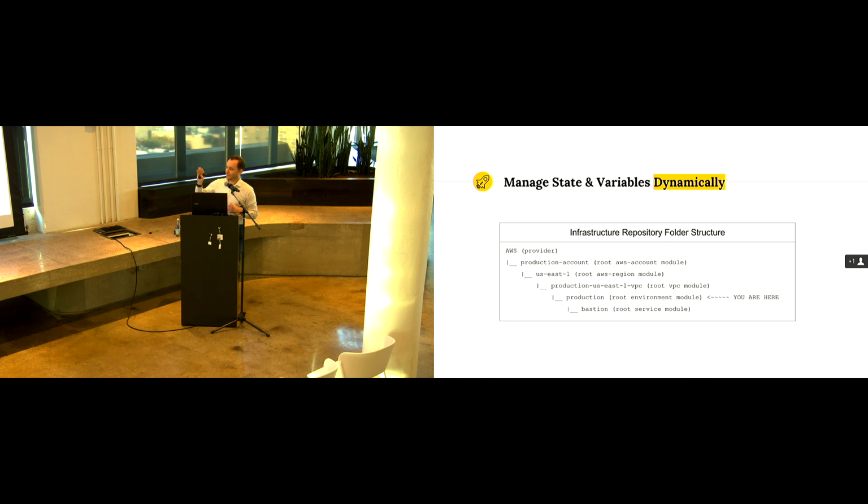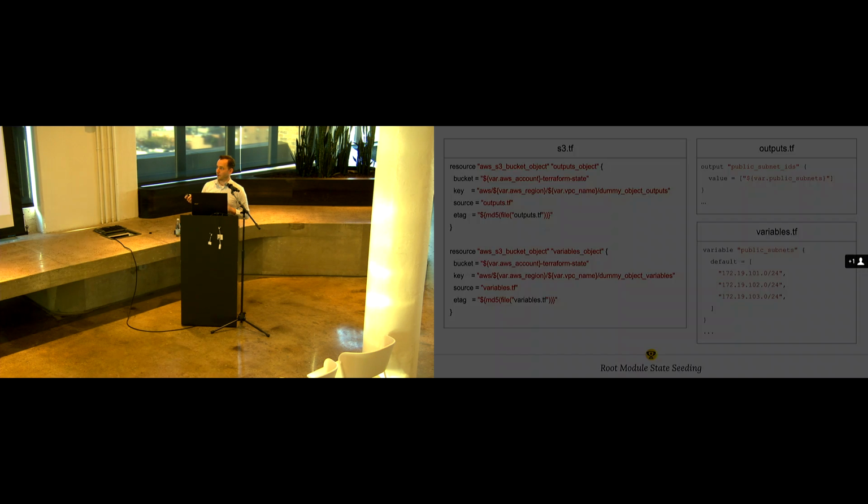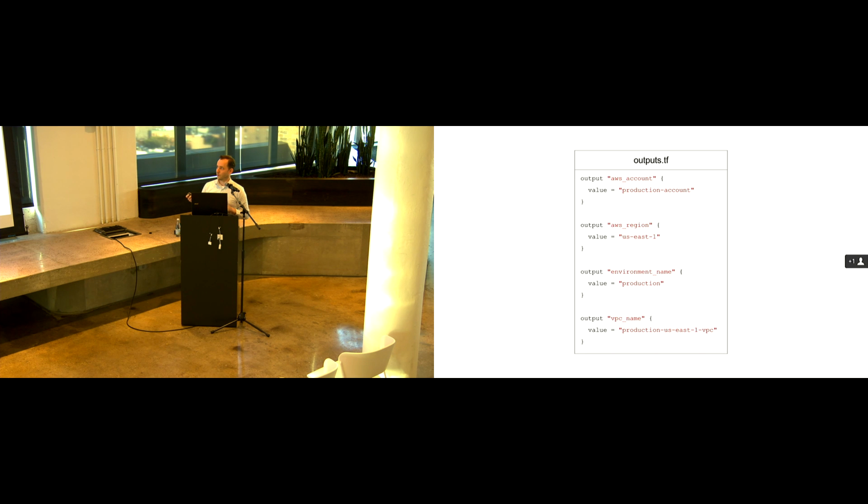So now that we have a VPC module, a VPC that was created from our root module, we can go into our environment. Now this is basically just an outputs file, excuse me.